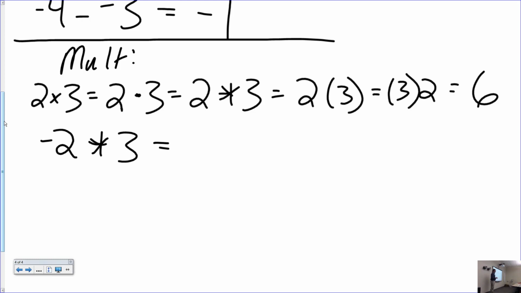Why? If you had to explain this to a 5th grader who doesn't know that negative 2 times 3 is negative 6, how would you explain it? Okay, but they don't know that yet. Your dad just got multiplied by 3. Okay, good. This is $2 in the hole, right?